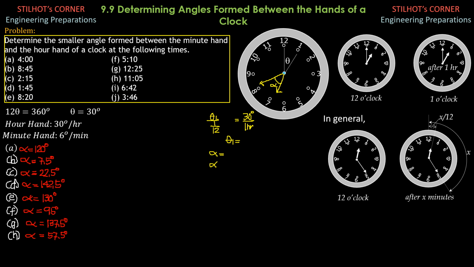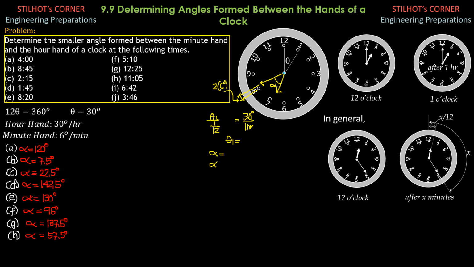So from the 8th mark, that's 2 minutes. And since this is the minute hand, which turns 6 degrees per minute, the equivalent is 2 minutes times 6 degrees per minute, so that's 12 degrees.